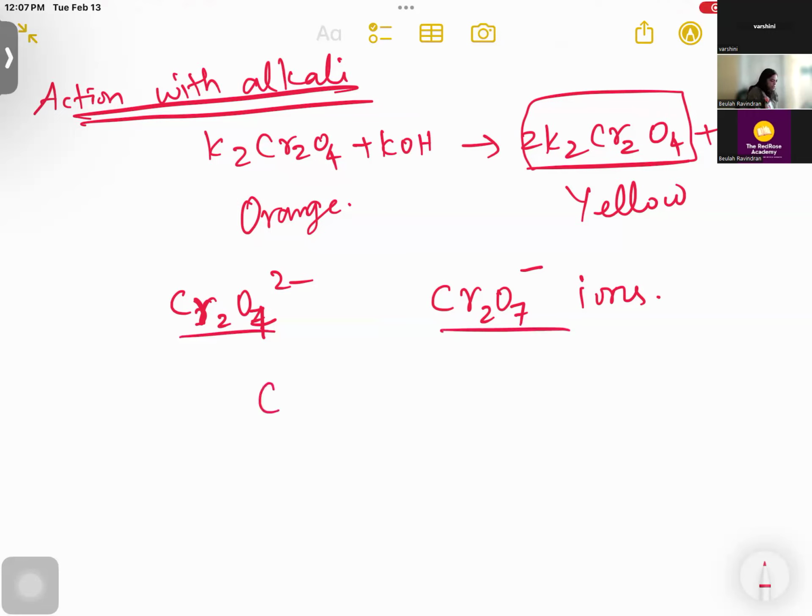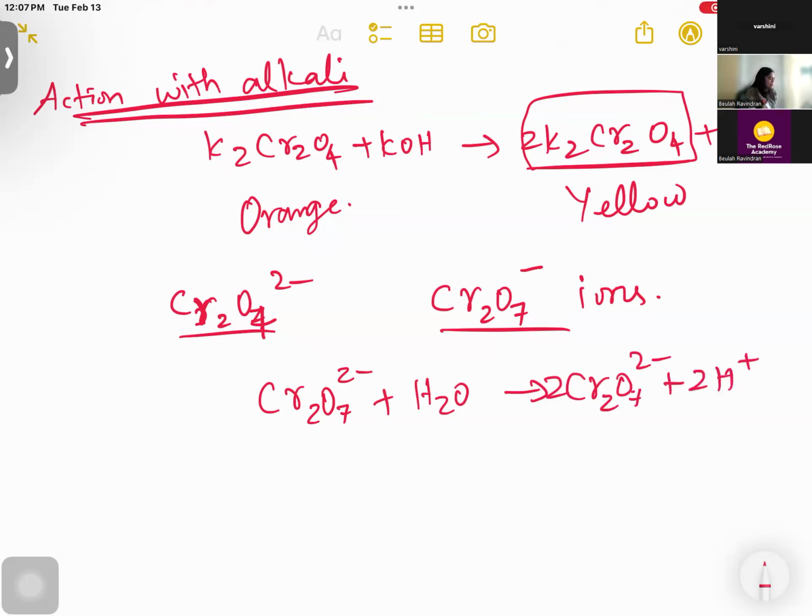If potassium dichromate is mingled with water, then it will give chromate also. Dichromate and chromate will be in equilibrium when mixed up with H plus ions. So by means of acid, alkalis, and water also we can do this. Okay, this is the very good nature of this.